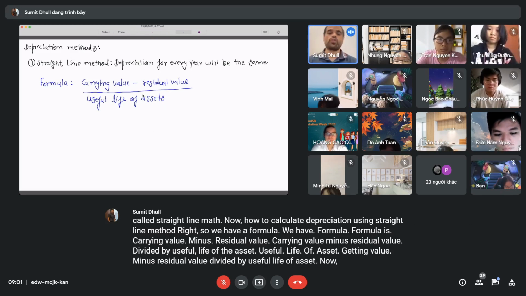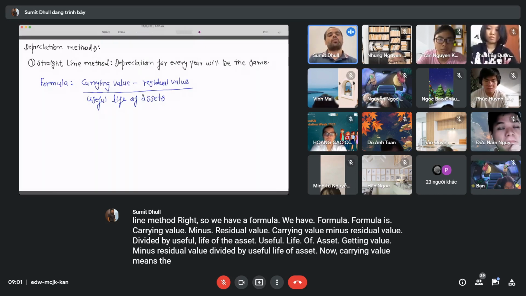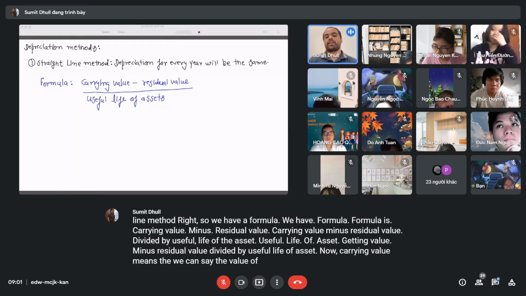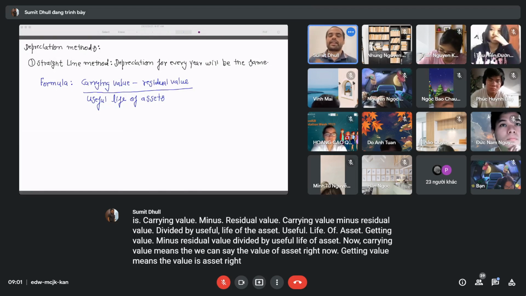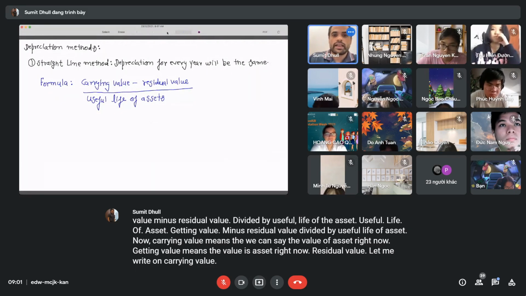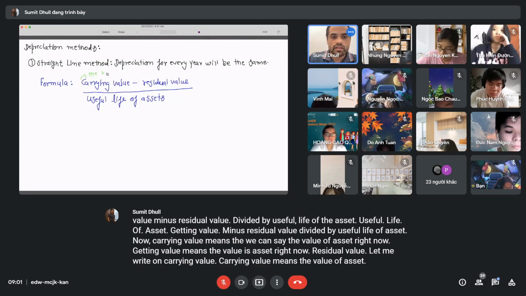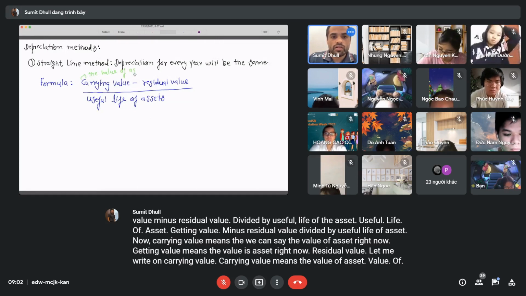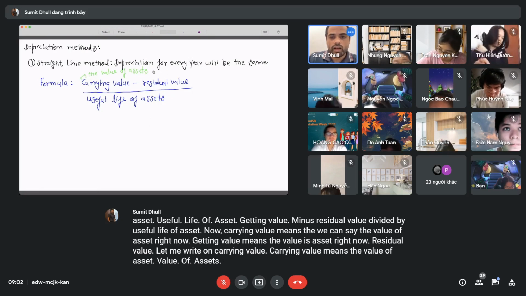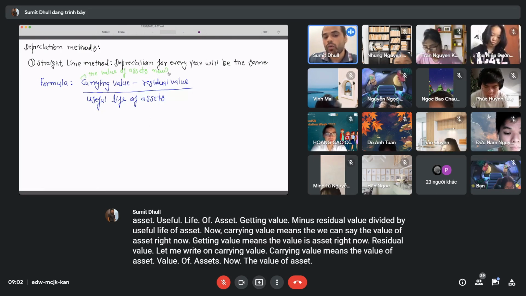Now, carrying value means the value of the asset right now. Let me write it down. Carrying value means the value of the asset now.